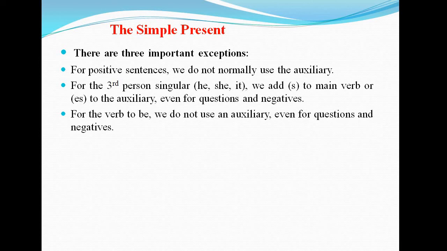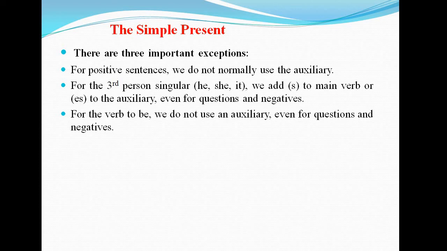There are 3 important exceptions for the positive sentences. We do not normally use the auxiliary for the third person singular, he, she, it. We add s to the main verb or es, even for questions and negatives. For the verb to be, we do not use an auxiliary, even for questions and negatives.